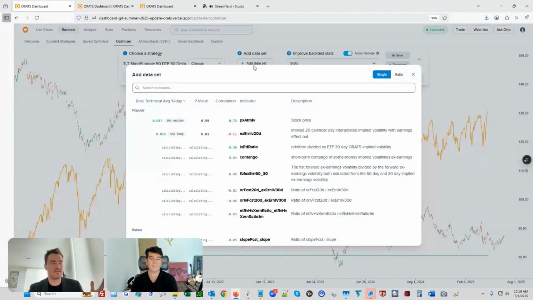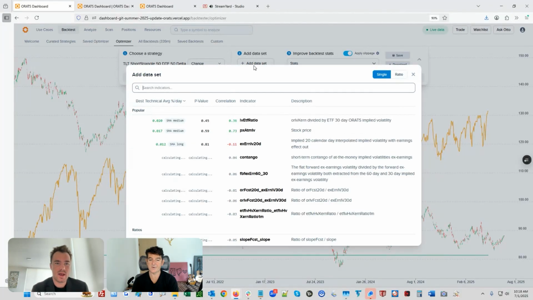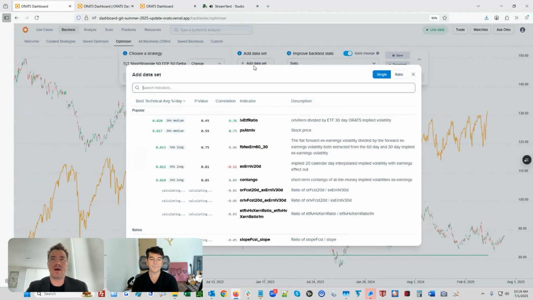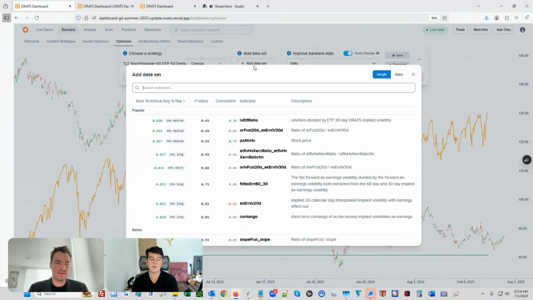Like if you're adding an indicator, it's just completely random if it improves it or does not. So let's say the p-value is 0.1. That means that it has a 10% chance of having a random effect on the backtest, which is good, because that means that 9 times out of 10, that's a really strong indicator that isn't random.